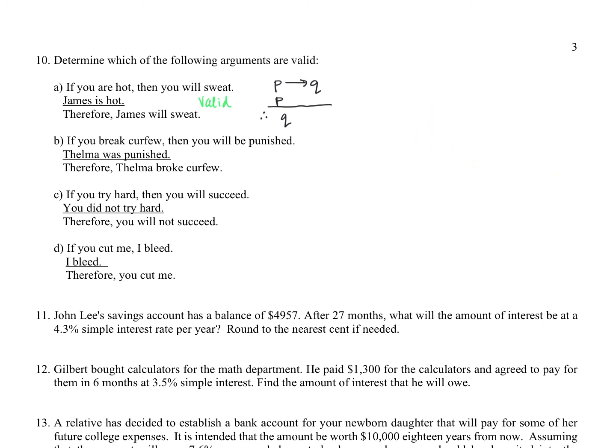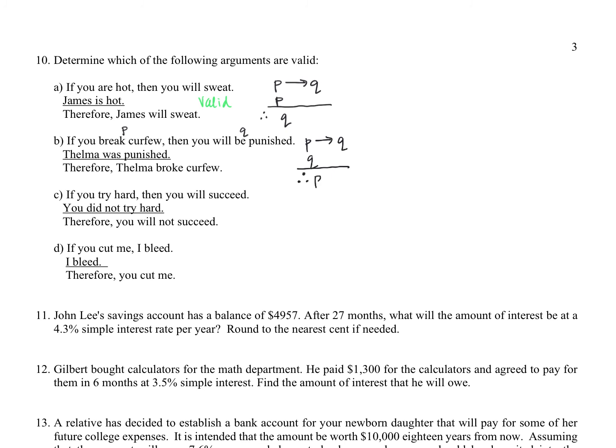So let's look at part B. If you break curfew, then you will be punished. Thelma was punished, therefore Thelma broke curfew. Again, let's look at these with our letters. Breaking curfew is P, and getting punished is Q. Thelma was punished, so we have Q. They want to know, can you conclude that Thelma broke curfew?